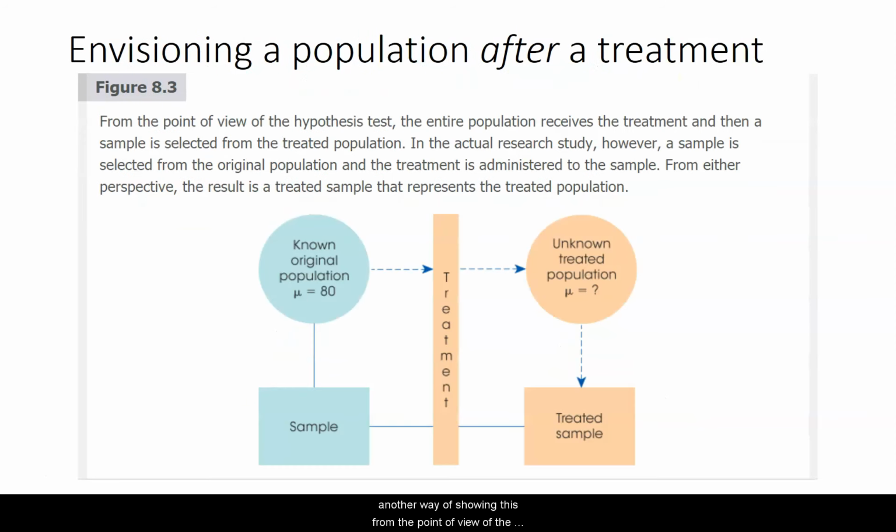So here's another way of showing this. From the point of view of the hypothesis test, the entire population receives the treatment, and then a sample is selected from that treated population. In the actual research study, however, a sample is selected from the original population, and the treatment is administered just to the sample. From either perspective, the result is a treated sample that represents a treated population.